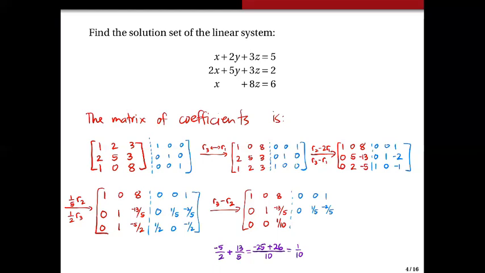And then what? For this guy, you have 1/2 minus 0. So you have 1/2. And then 0 minus 1/5. That's negative 1 over 5. And then for this, we have negative 1/2 minus negative 2/5. Again, let me put the calculation in here, but I hope you already got this calculation.